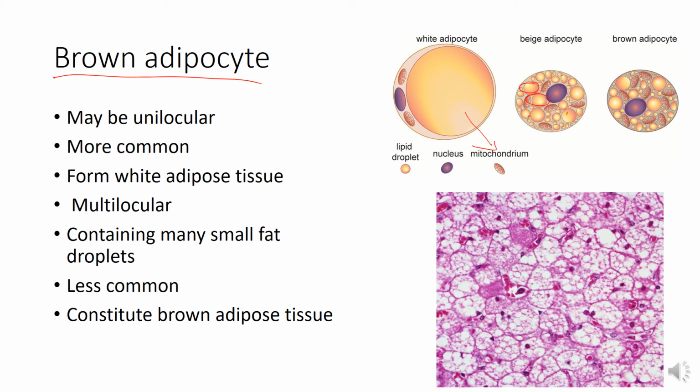The white adipocyte is unilocular, it is more common, and it forms white adipose tissue, while the brown adipocyte is multilocular, containing many small fat droplets, and these cells are less common and constitute the brown adipose tissue. The significance and structure of the brown adipose tissue we will discuss when we discuss the adipose tissue. You can see here, this is the brown adipocyte with multilocular fat droplets in the brown adipose tissue.